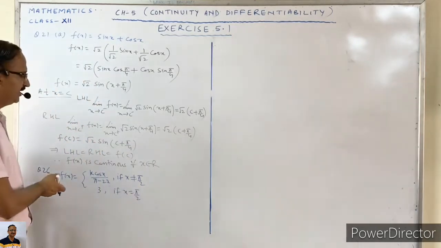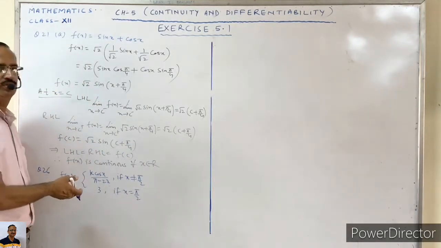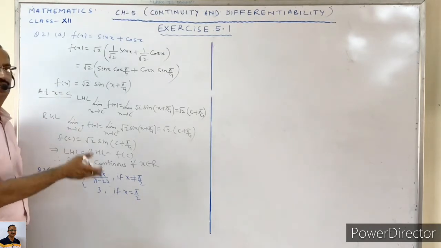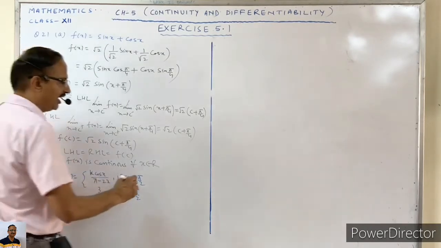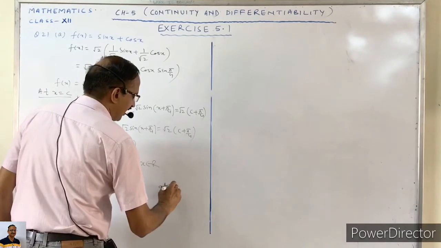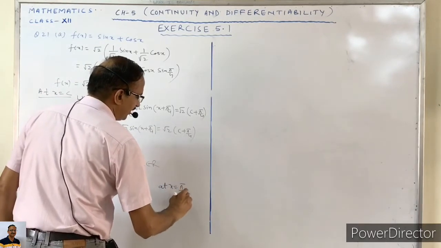So find the value of k so that this function is continuous at x equals pi by 2.